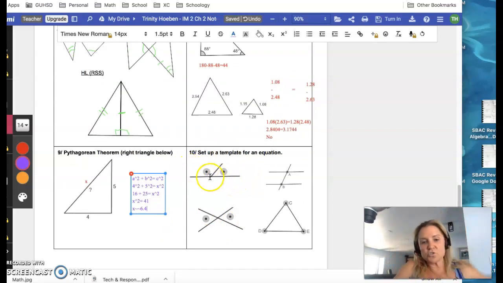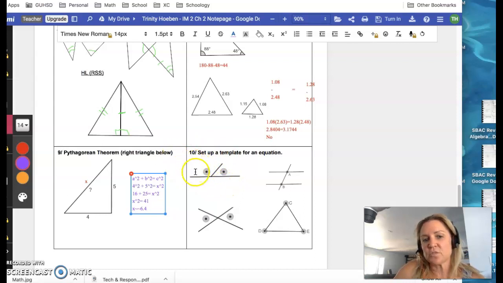Okay, so what they want you to do is look at each of these figures and figure out what's going on. So this first one right here has a straight line, and then it's divided by a third, what should be a ray, creating these two angles next to each other. So the first thing you need to know is that a straight line makes how many degrees? Well, it's half of a circle.